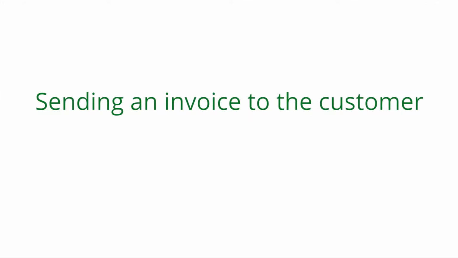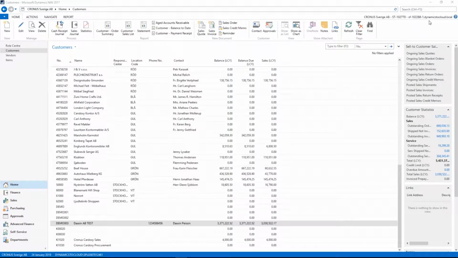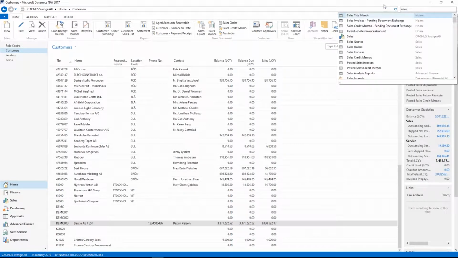In this final section, we will show you how to send your electronic, PDF via email, and print invoices to your customer from NAV. In NAV, create your invoices according to your normal business process.